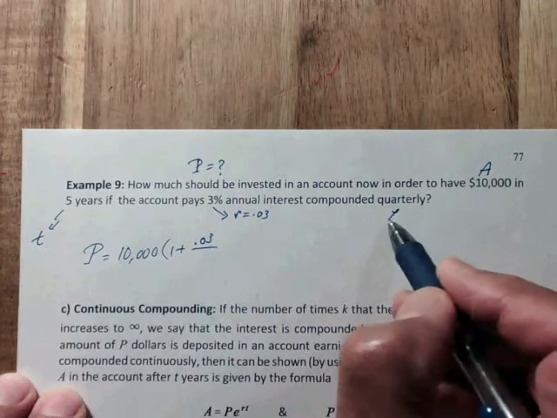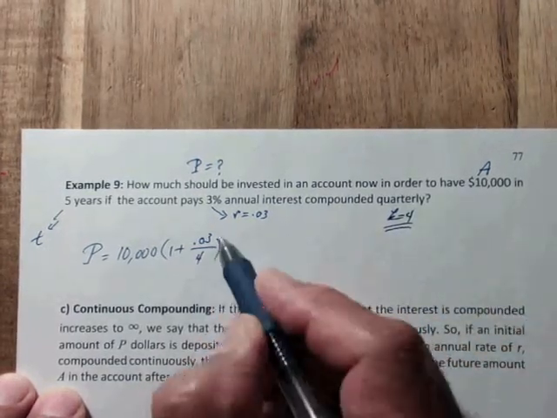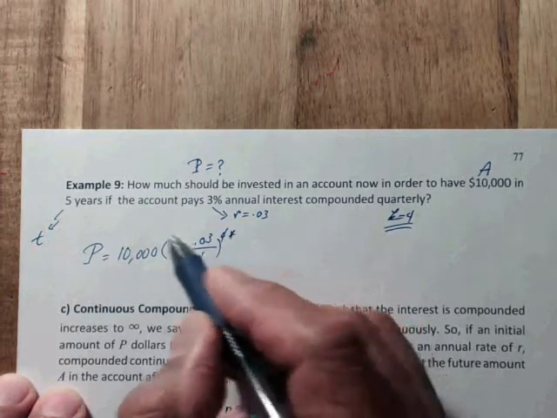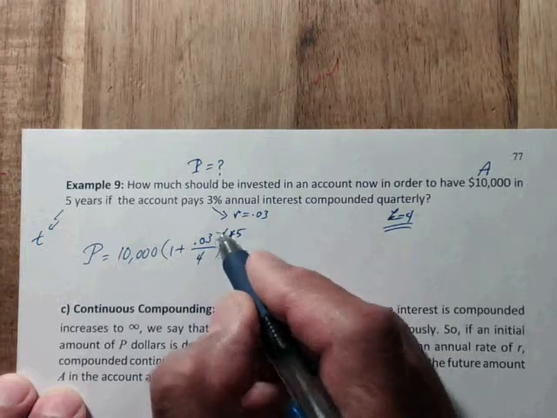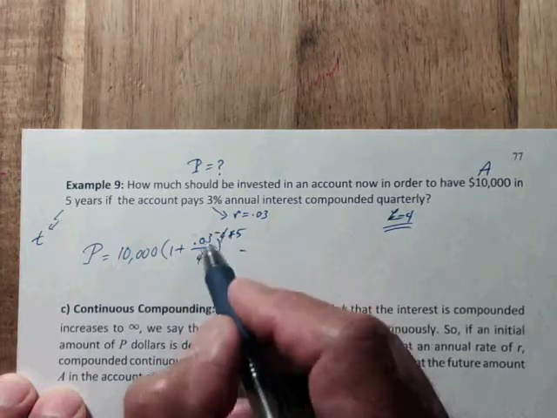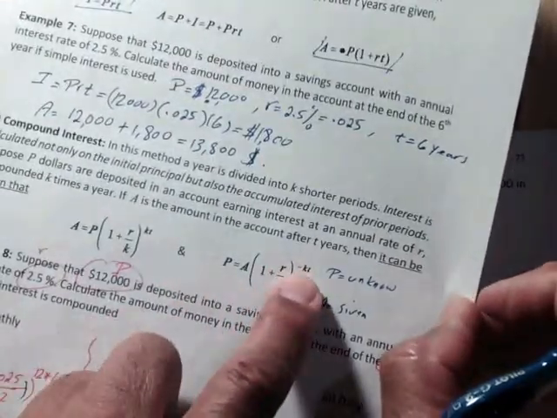That means K is equal to 4, over 4, to the power 4 times 5 years. Of course, negative of that. You see, negative 4 times 5 years. You see, there is a negative in the exponent.